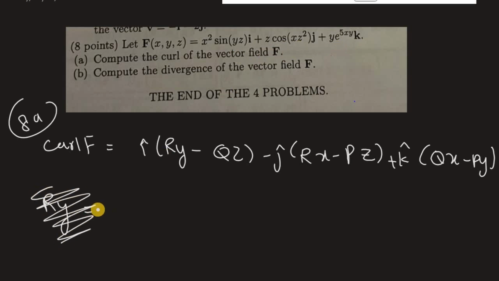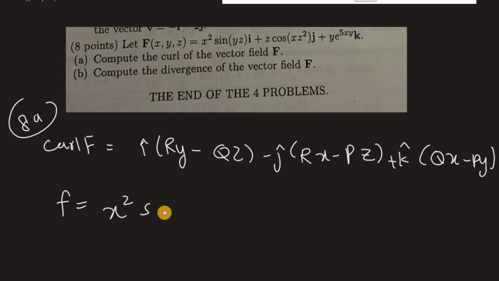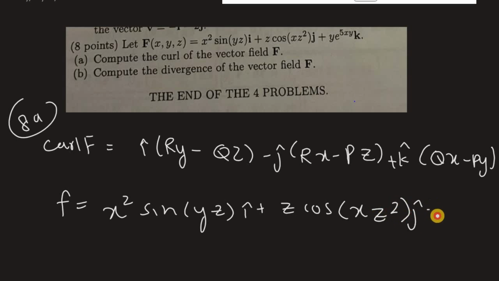So let's rewrite this function so it's easier to see. We have x squared sine of yz i hat plus z cosine of x z squared j hat plus y e to the 5xy k hat. Okay, so this is the function that we have.